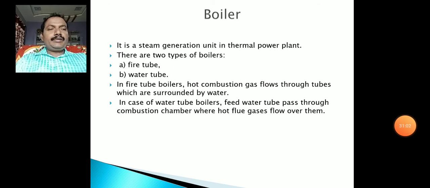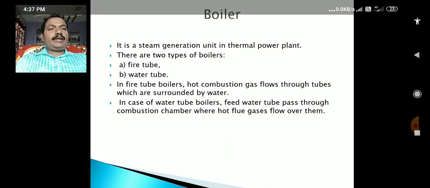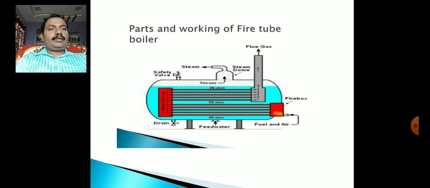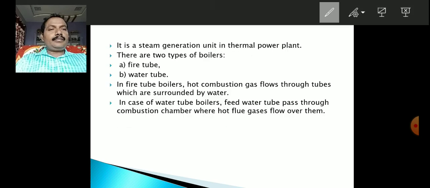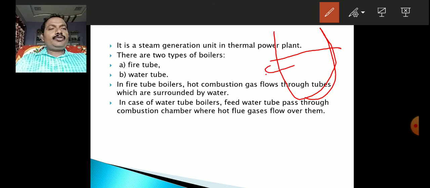That means, let us see, so there is water here. This is the water drum. In the water drum, tubes are running, immersed like this. These are the tubes, fire tubes.